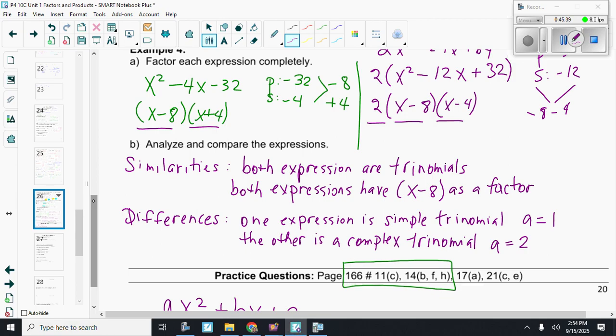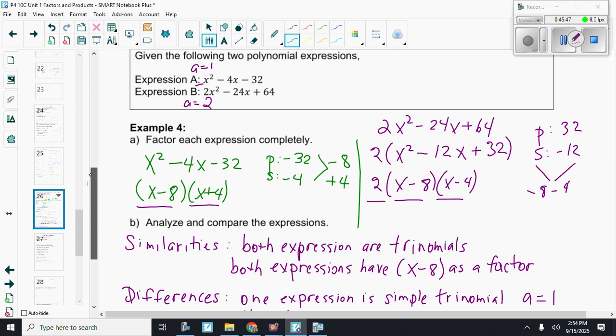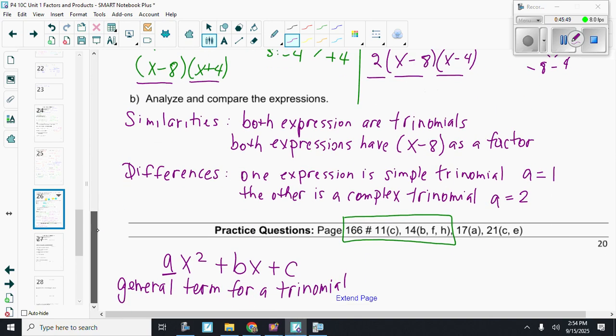If we have to take out a GCF, we count that as a factor. So the final difference here, and I think they even made here expression A and expression B, is that expression A has 2 factors, and expression B has 3 factors.